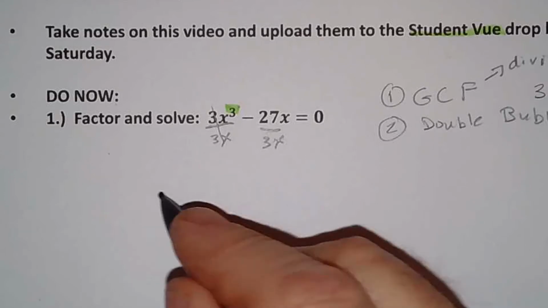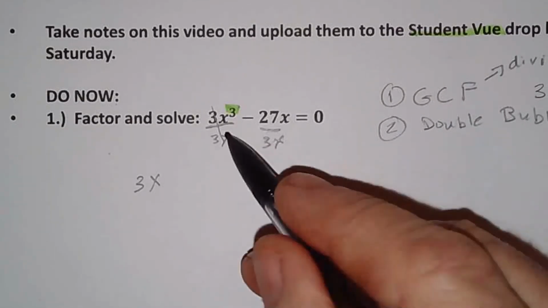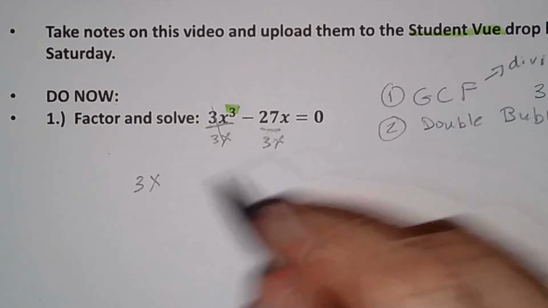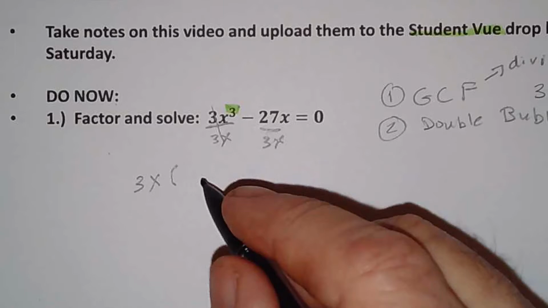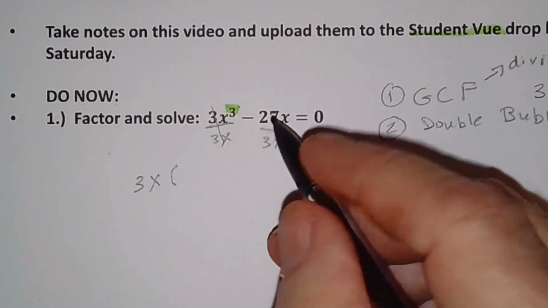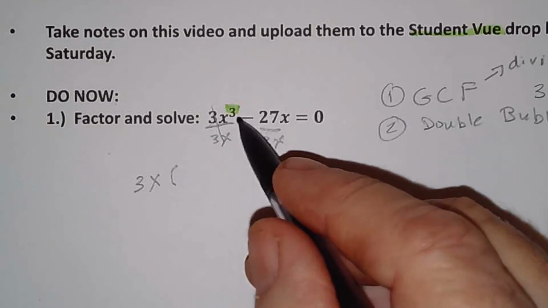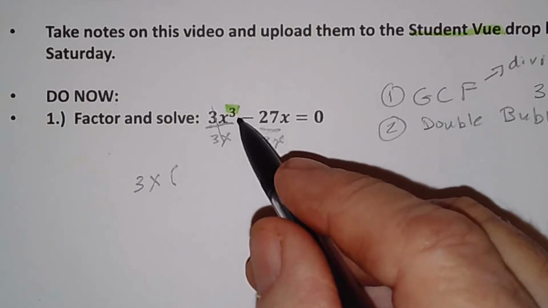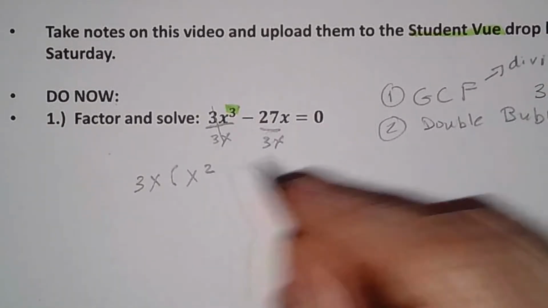So let's just rewrite this. Remember when we factor, we take what we're dividing out, the 3x, and we're going to put it over here on the left, and then we create a parentheses, and in the parentheses we're going to put what's left. So if we divide 3x out of 3x cubed, what are we left with? Well, we're just left with x squared.